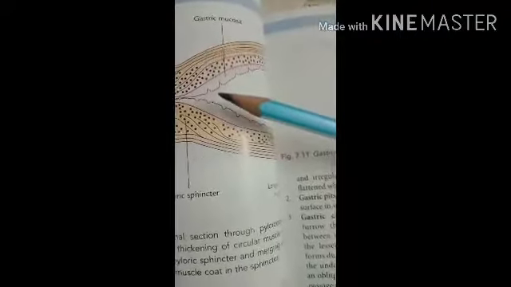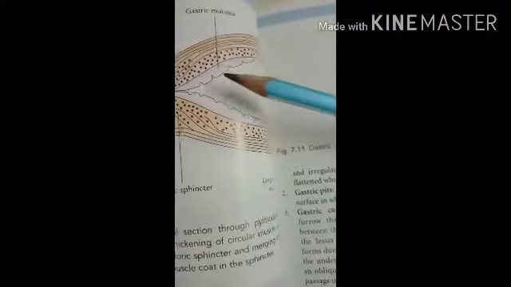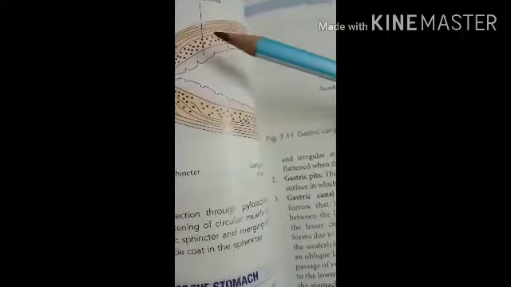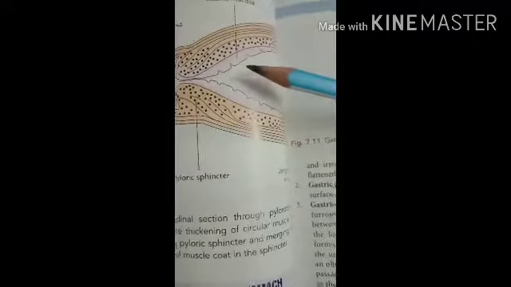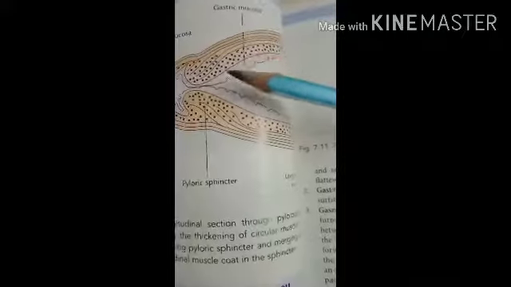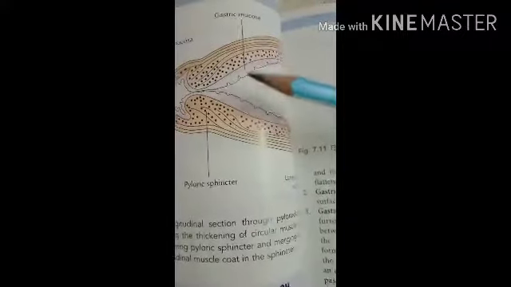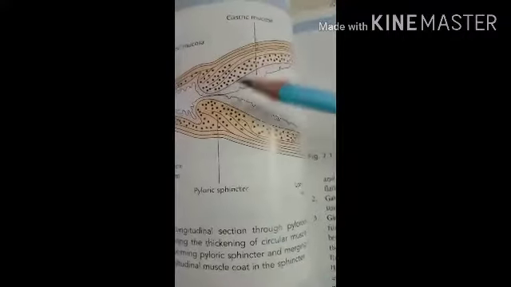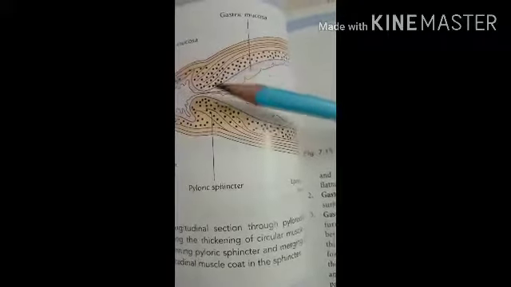In the cardiac region, secretory mucous glands are present. The glands in the fundus and body region consist of mucous cells, which secrete mucus, the parietal or oxyntic cells, which secrete hydrochloric acid and gastric intrinsic factor, and the chief cells, which secrete pepsinogen. The glands mostly present in the pyloric region secrete mucus.